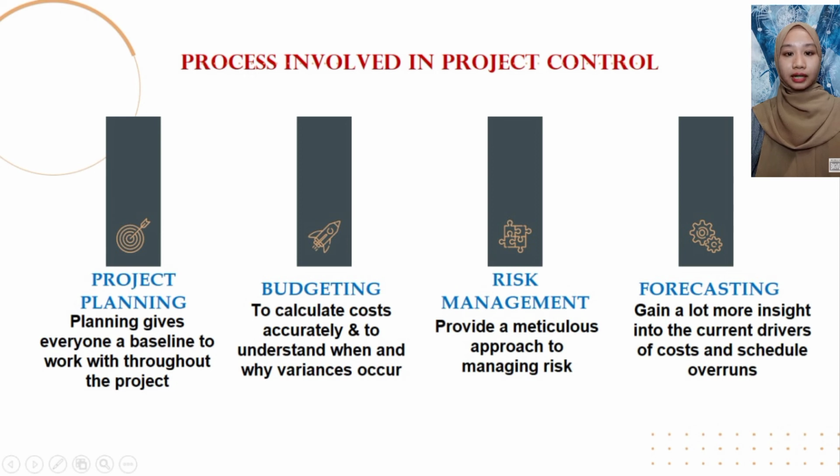4. Forecasting. By increasing the accuracy of the estimate at completion, the project controller and manager can gain a lot more insight into the current drivers of cost and schedule overrun. It serves as a comparison against actual and committed costs that enables the project controller to extrapolate a forecast using a combination of standard forecasting methods and formulas.